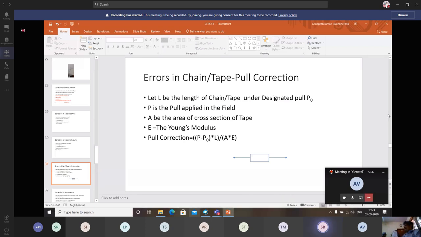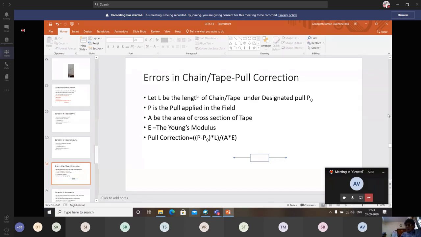No. Strain. Somebody said the correct one. It is called a strain. Now, suppose there is a force which has been applied, which is pulling your body.